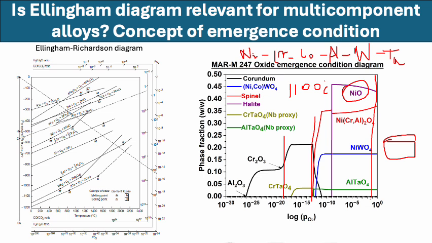That's the theory. But let's say, I know pure aluminum is not going to be in solid state at temperatures above 660 degrees Celsius, but let's assume we can extend this solid aluminum into the temperature range where it is relevant. If you want to use the Ellingham diagram, you will choose 1100, which is somewhere here.